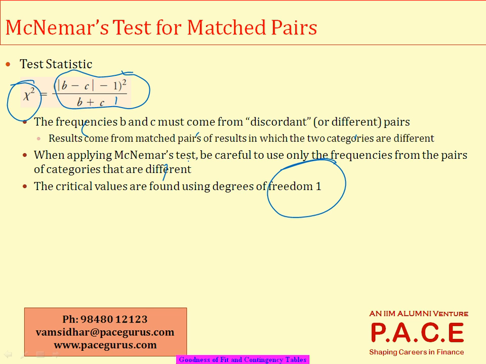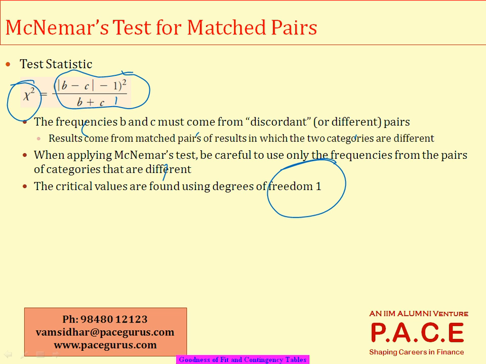If this lies in the critical region, reject the null hypothesis and go with the alternate, saying there is a difference between B and C. But if the value does not lie within the critical region, you fail to reject the null hypothesis, and you say there is not much of a difference between the proportions of the frequencies of B and C, which means there is not too much of a difference between the treatments X and Y. So if I want to say whether X is curing much better compared to Y or vice versa, this kind of test will help me in a much better way.